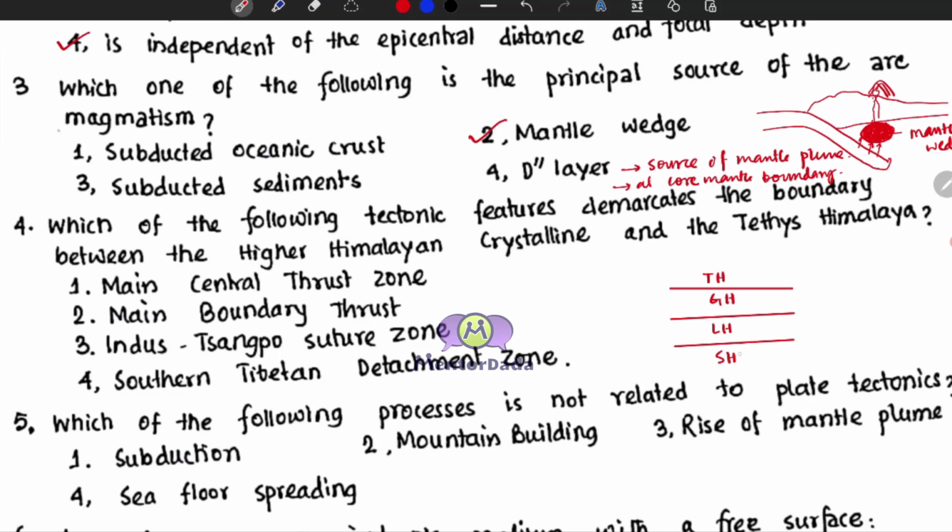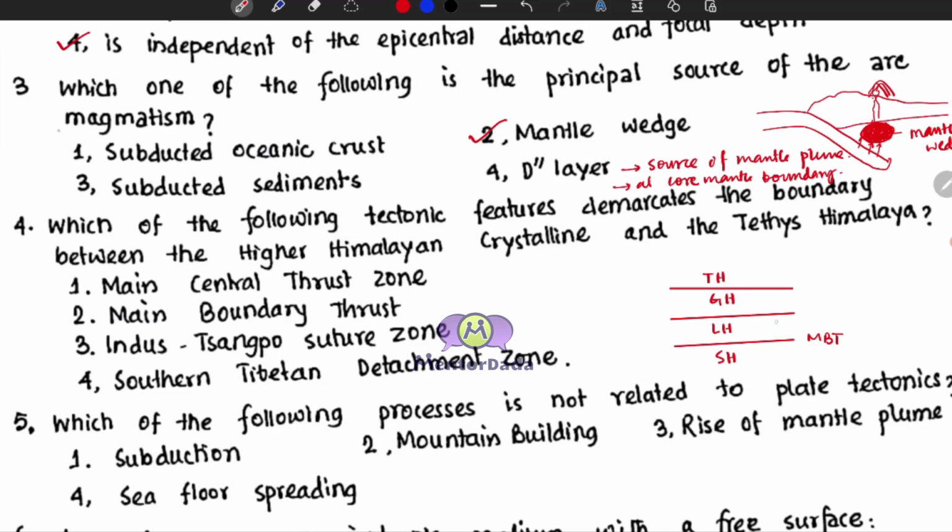So sub-Himalaya and lower Himalaya or lesser Himalaya is separated by main boundary thrust, and lower Himalaya and higher Himalaya, or rather, higher Himalaya is not the right term, it is the greater Himalayan crystalline complex.